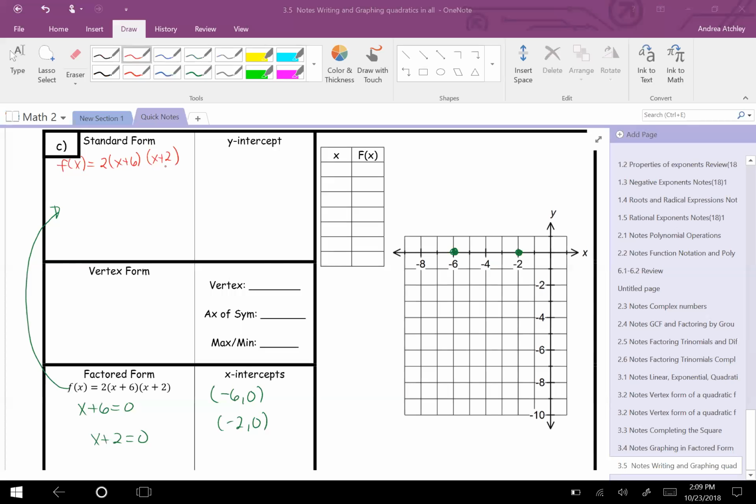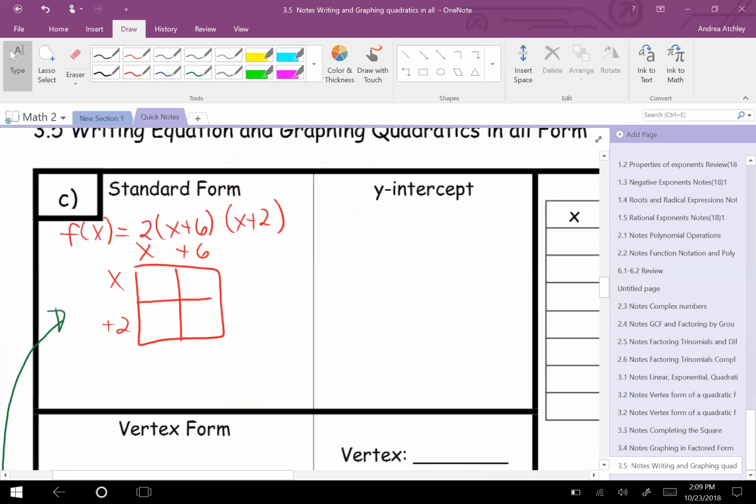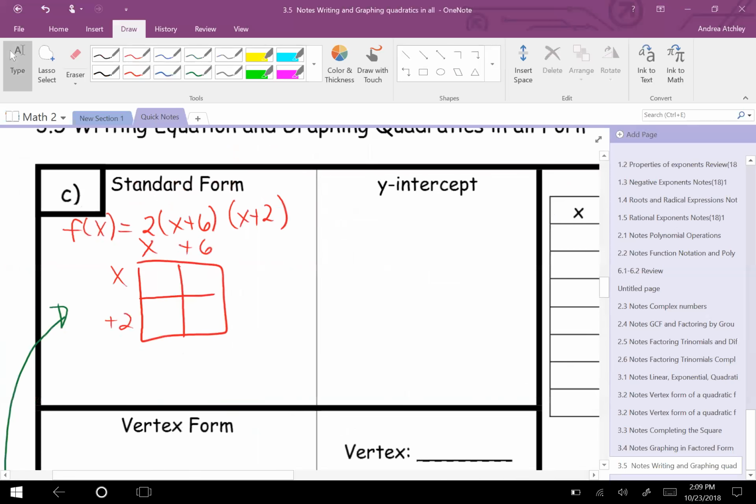Okay. So I'm going to do my wonderful box. Get x plus 6, x plus 2, and multiply it out. X times x is x squared.